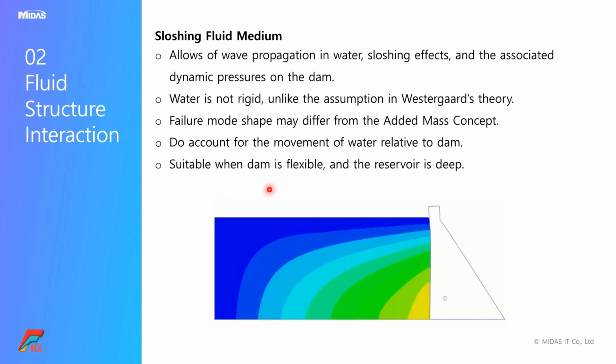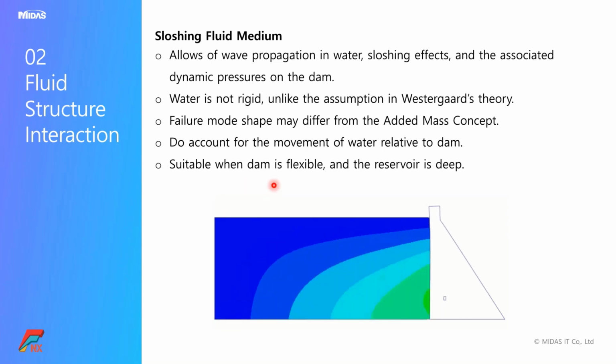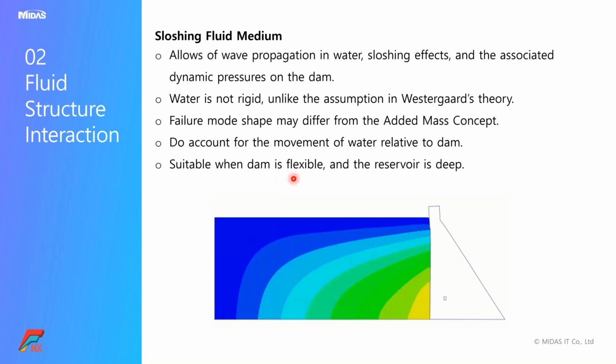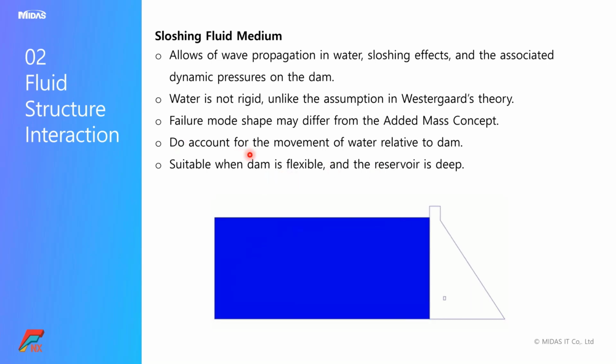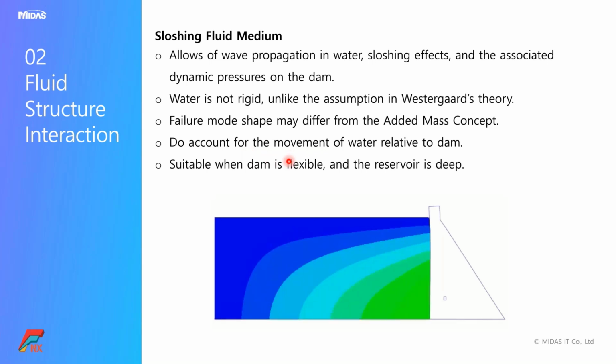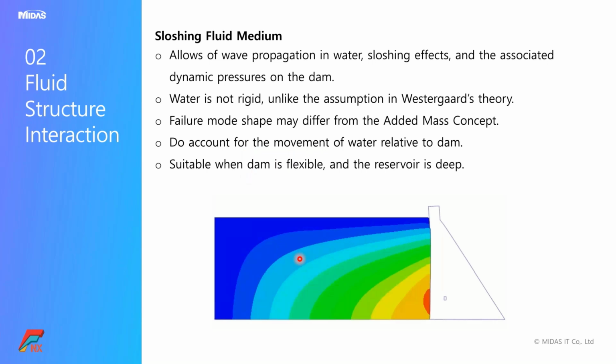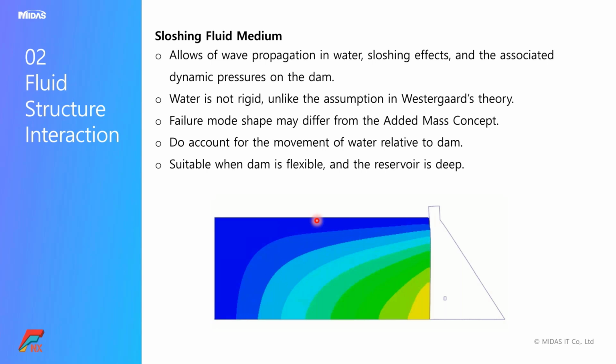So the sloshing method is suitable when you have a dam which is flexible and the reservoir is deep, and you can also account for relative movement between the dam and the reservoir. So this is the basic idea. But in this study, we are considering Westergaard's added mass concept.